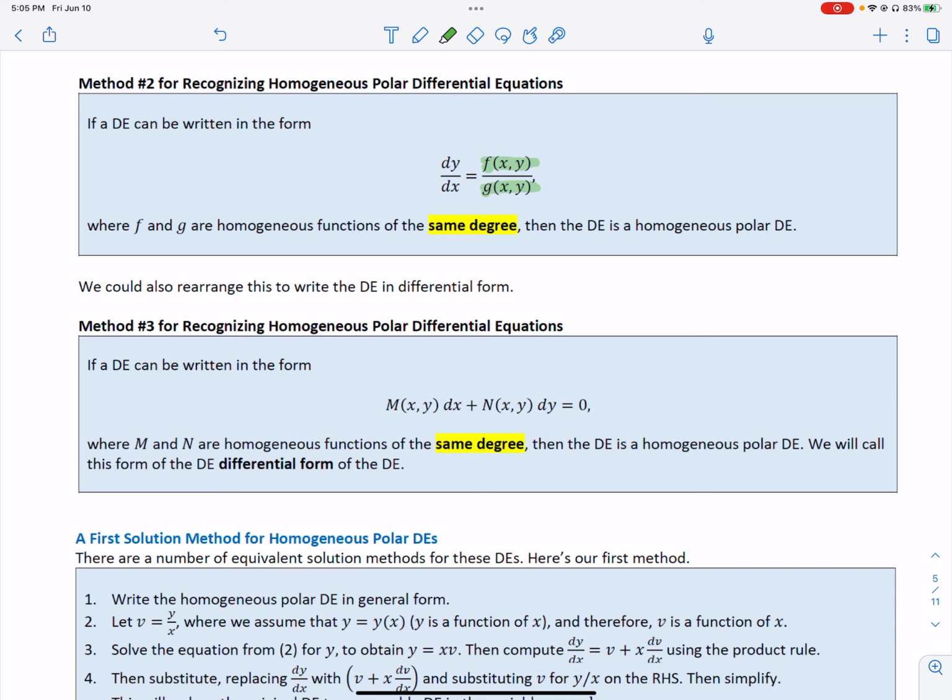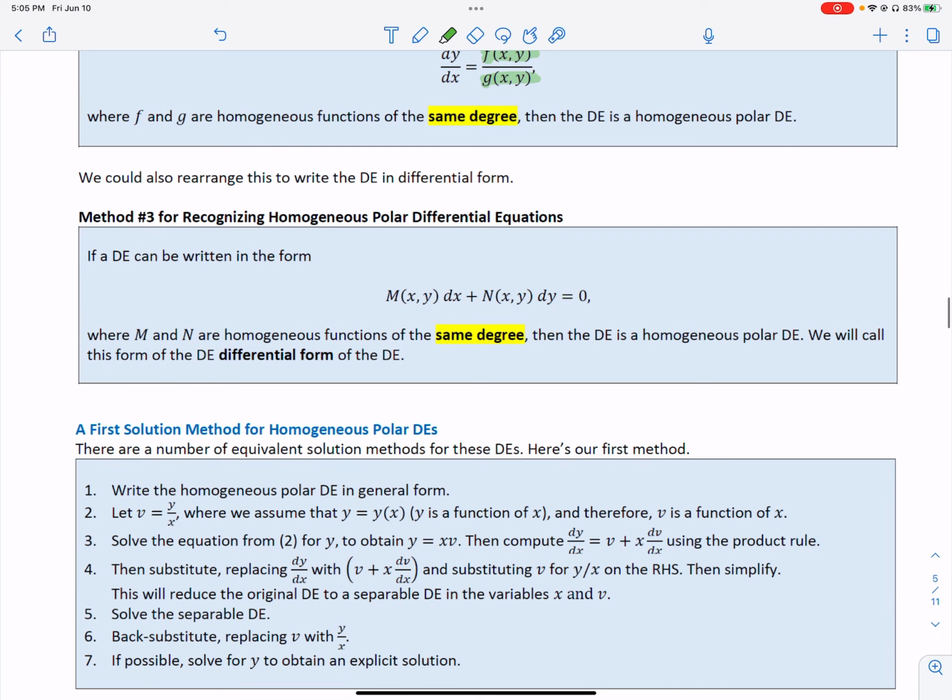So if we can show that the top function is homogeneous and g, the bottom function, is homogeneous, then we can claim that the DE is homogeneous polar and use the methods we're about to go through.